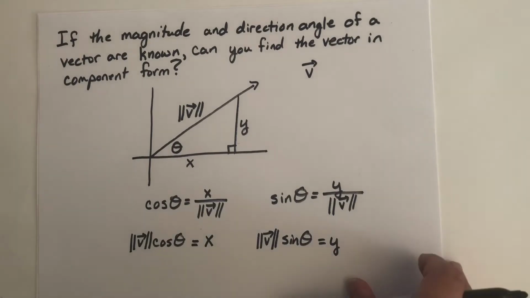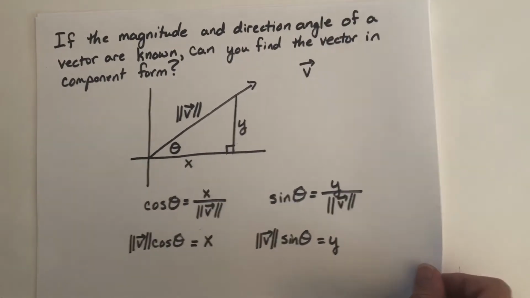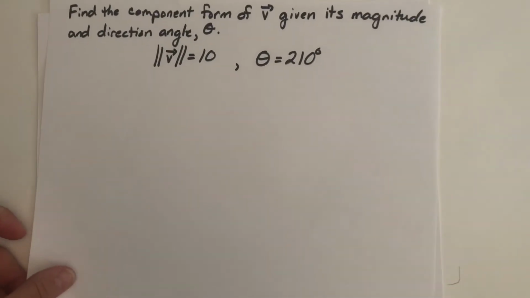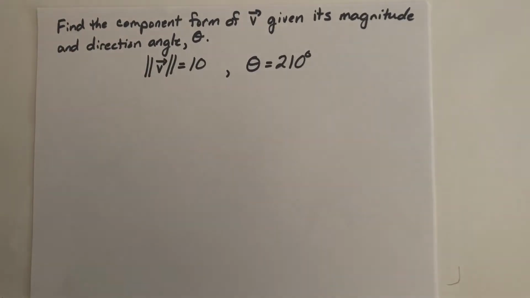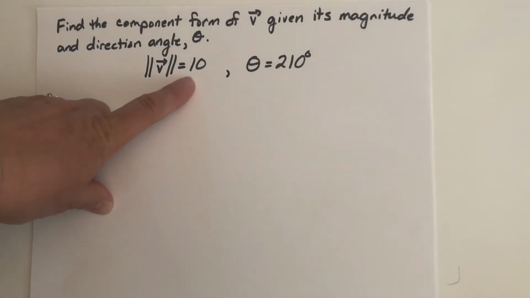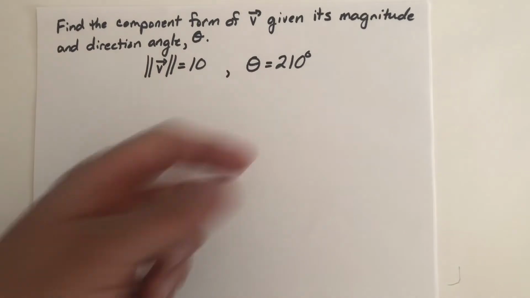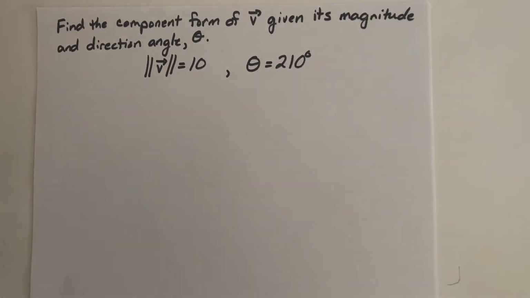So let's do this particular problem. This says to find the component form of a vector v, given that its magnitude is 10 and its direction angle is 210 degrees.